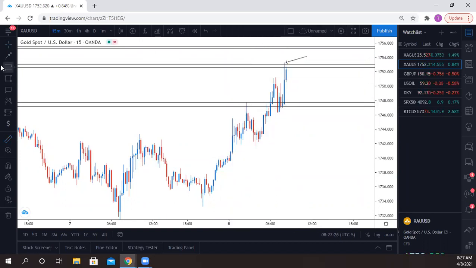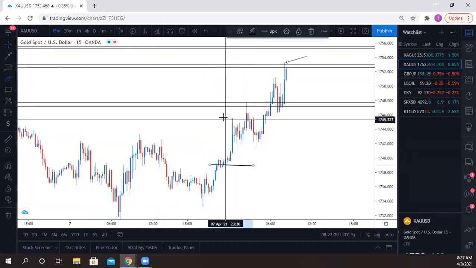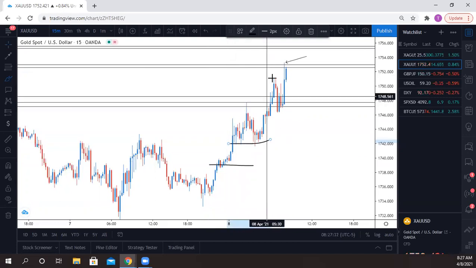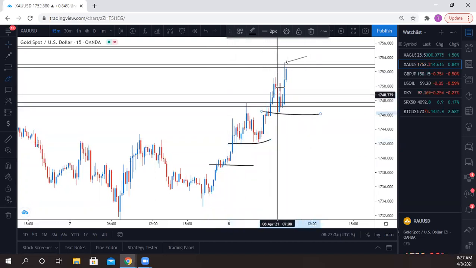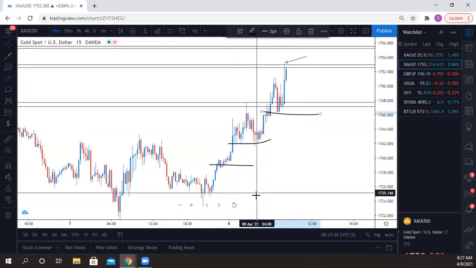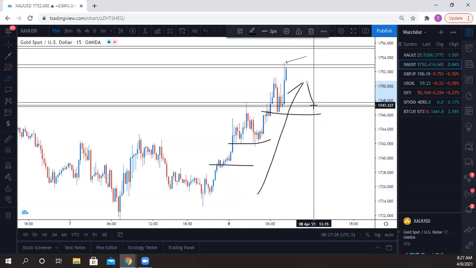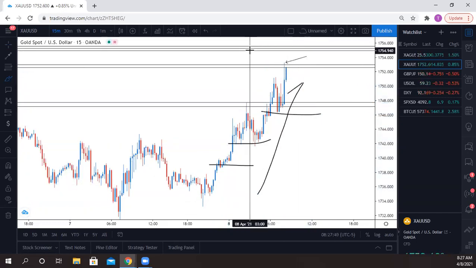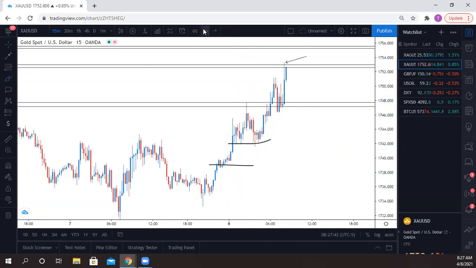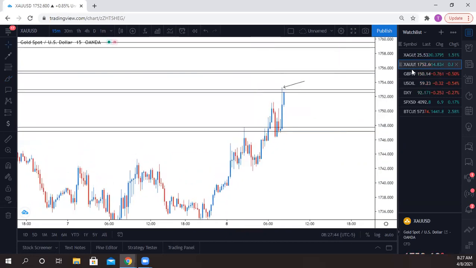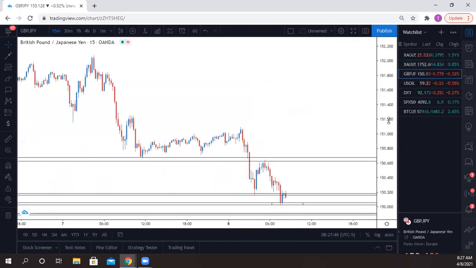Same thing, really. We can see that gold's been pushing up, forming a support, pushing up, forming a support, pushing up again. So the clear momentum here is to the upside. Thursday is typically a high volume day as well, so it makes sense.